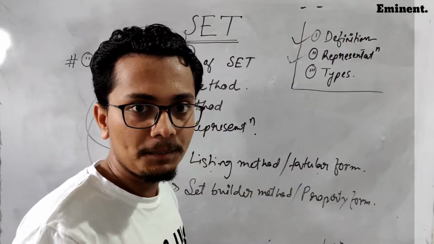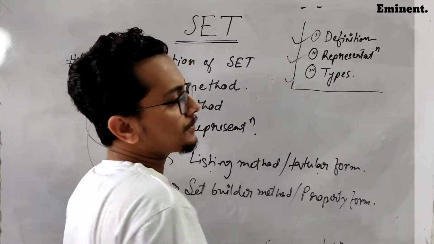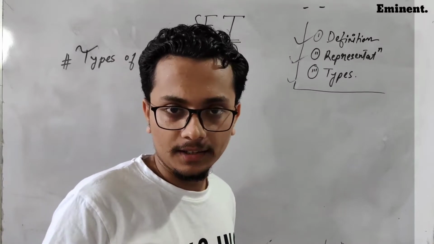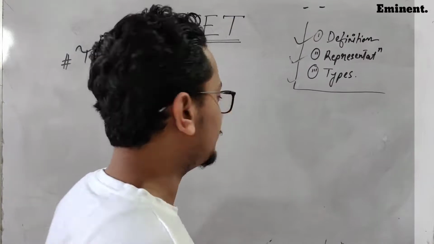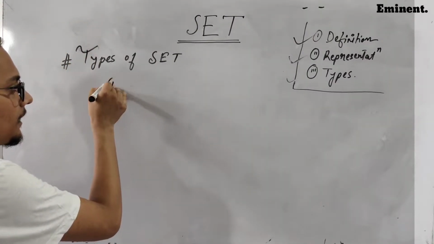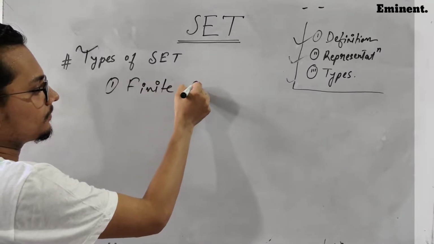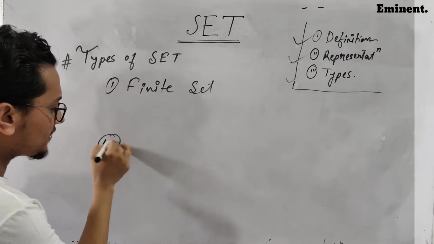Now the most important part: let us understand the different types of sets. Let me explain by taking them one by one. At first, let me take finite set, and with finite set, let me take infinite set also.